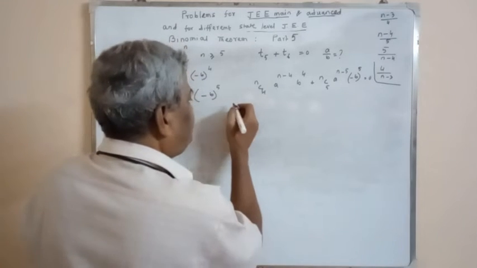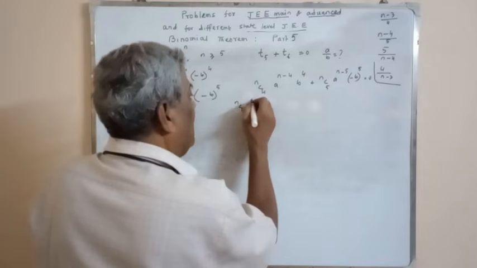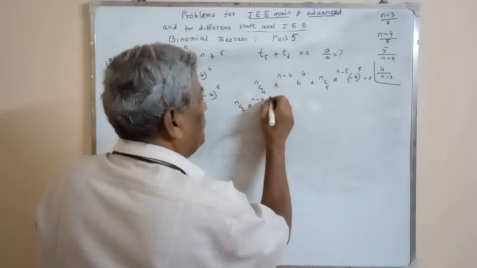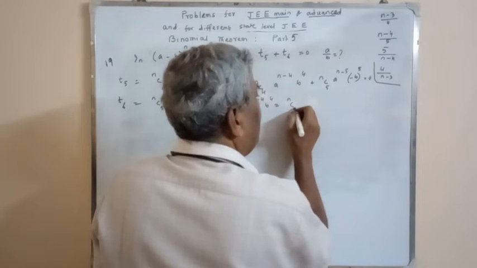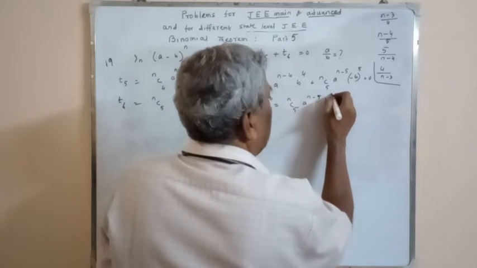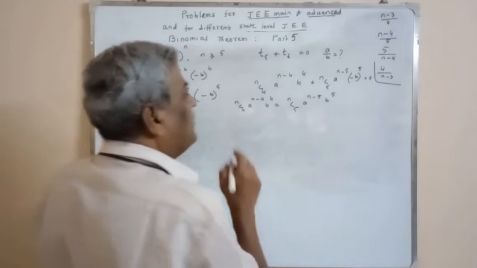That is nC4 a to the power n minus 4 b to the power 4 is equal to nC5 a to the power n minus 5 b to the power 5. So terms will cancel.